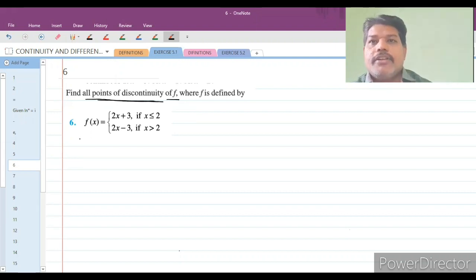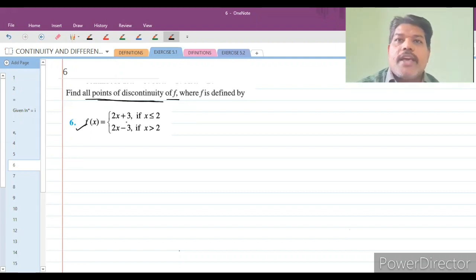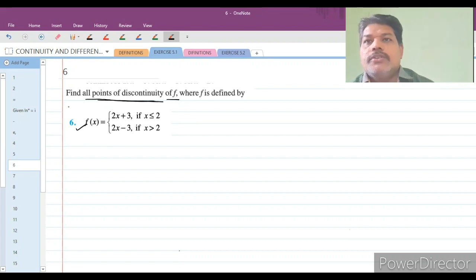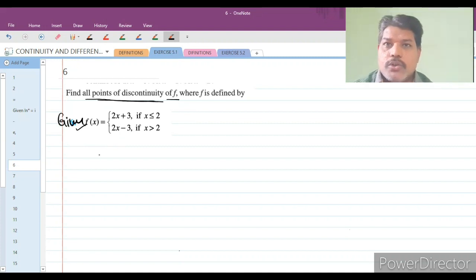First, we have to identify the given function. Given function f of x is equal to 2x plus 3 if x is less than or equal to 2, and 2x minus 3 if x is greater than 2.